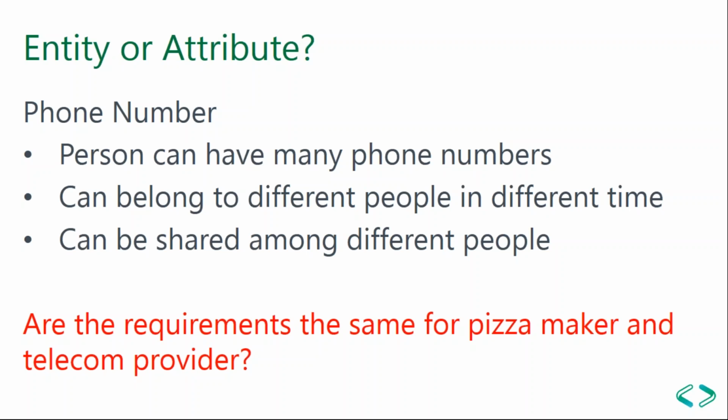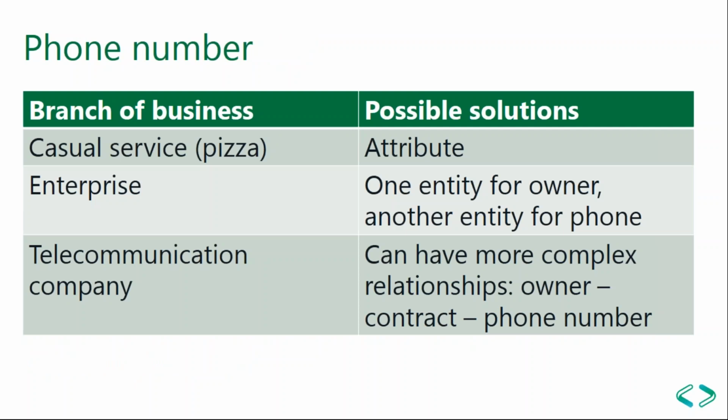And for telecommunication companies, a phone number can be transferred to another person after you stop using their services. So you have different implementations between attribute and entity.